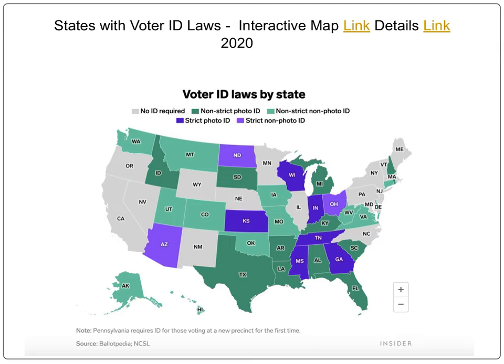One of the topics in recent elections has been voter ID. Some states, like Minnesota, do not require voter ID. Those are the gray states on this slide. The green ones are non-strict photo ID. So maybe you have to have a photo ID or you have to show ID, but it doesn't have to be a photo ID. But the really strict states are the bluish, purplish colors here.